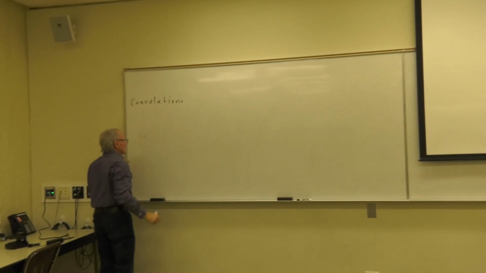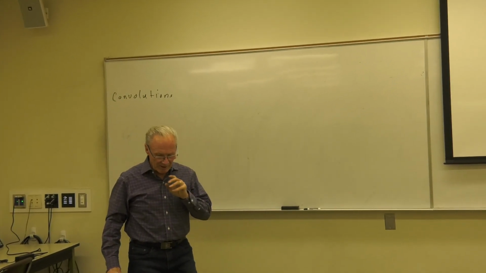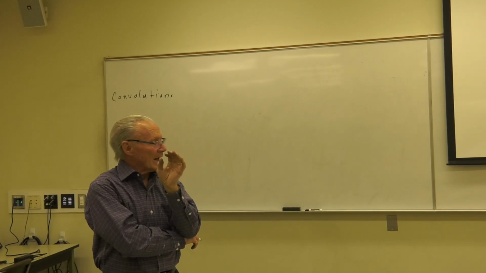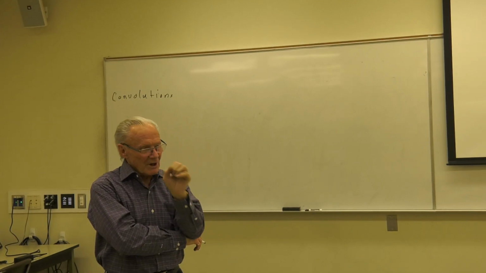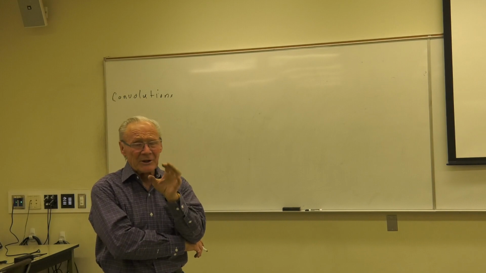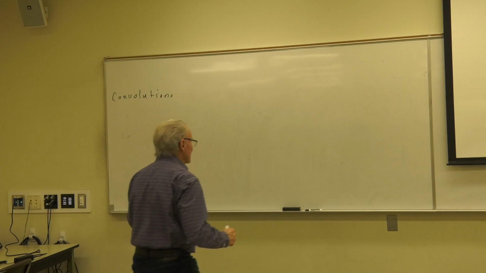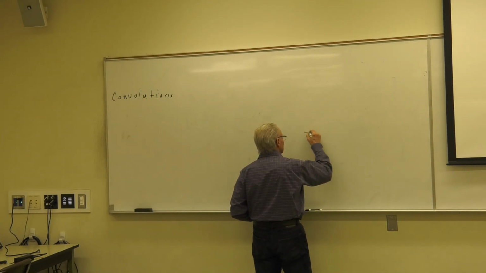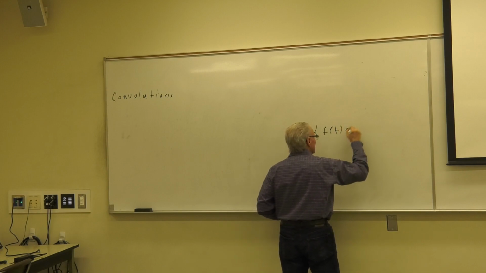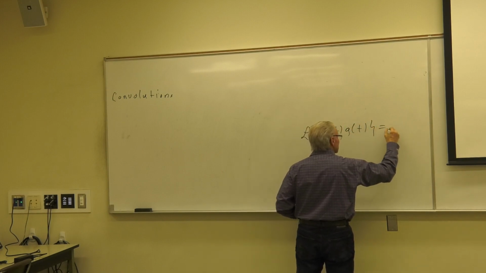And one thing I want to re-emphasize at the beginning. Laplace transforms handle sums and differences of functions with no problem whatsoever because it's a linear operator. But have you ever seen a formula that says the Laplace transform of f of t times g of t is equal to?